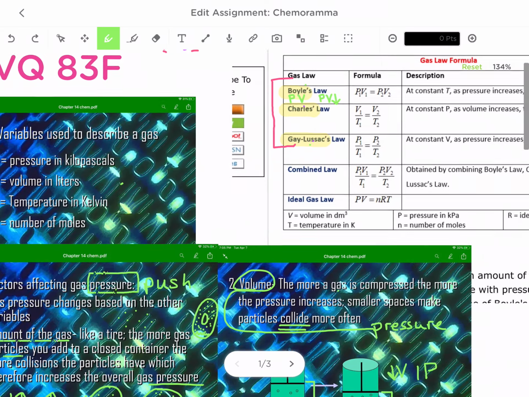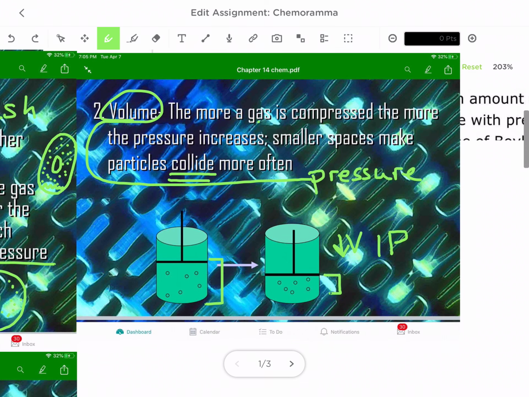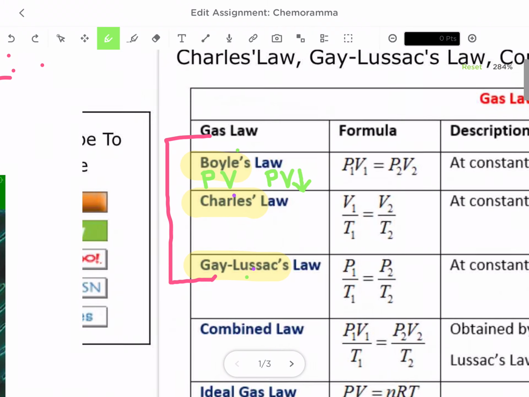If you go back and look at this piston example right here, remember we said if we decrease the volume, we increase the pressure. So that is actually Boyle's law.